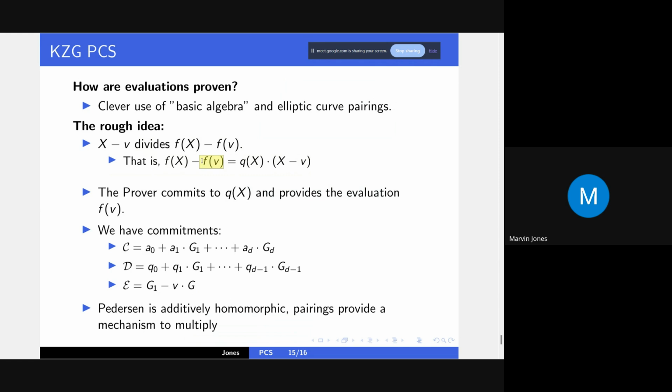I believe f(v) is over there in the identity. So that's what's happening: they're using, again, high school algebra in a very clever way and pairing it with elliptic curve pairings. All right, so that's, again, the very rough idea.